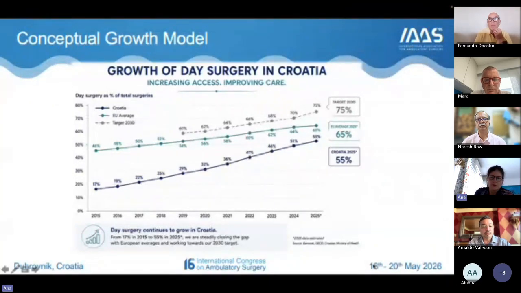We hope to reach our target by 2030, but we will see how this will work in the future.